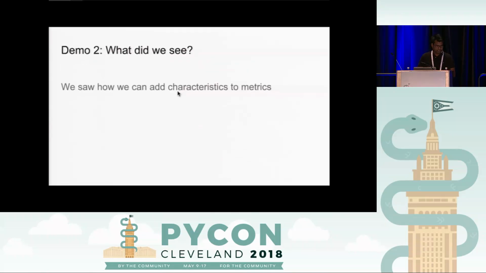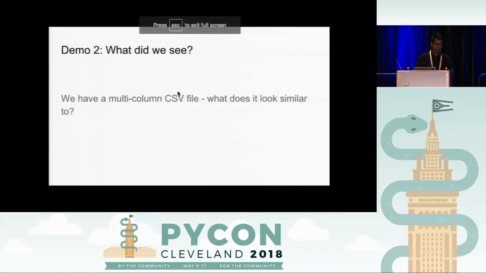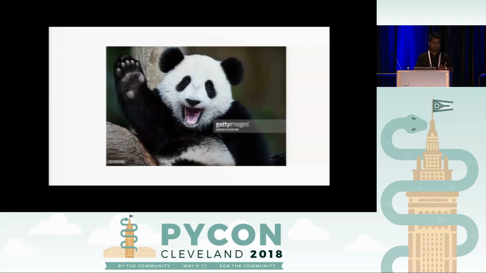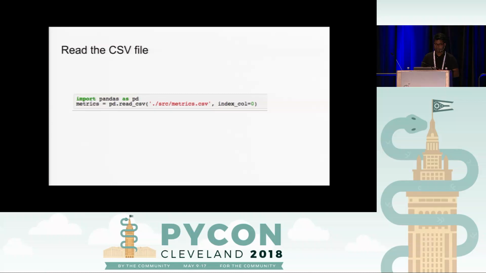Okay. So we saw how we can add characteristics to metrics. We have a multi-column CSV file. So what does it look similar to? A database table or a pandas data frame? So we're going to use pandas to see how we can do a bit of analysis on this.